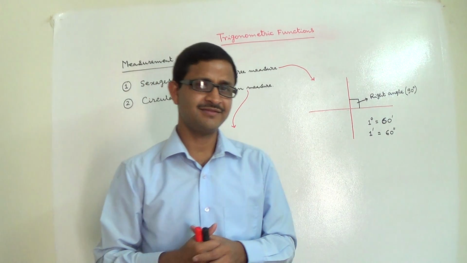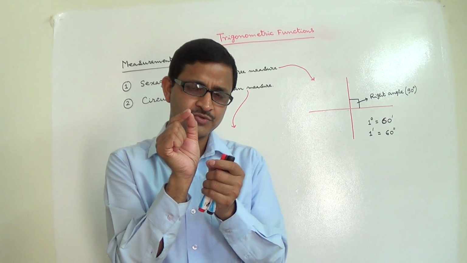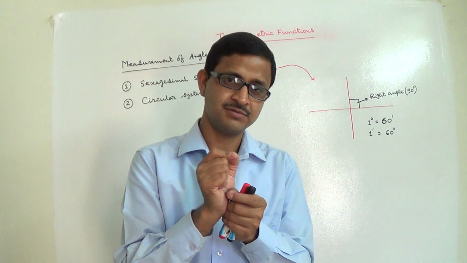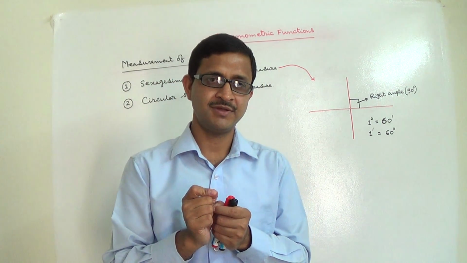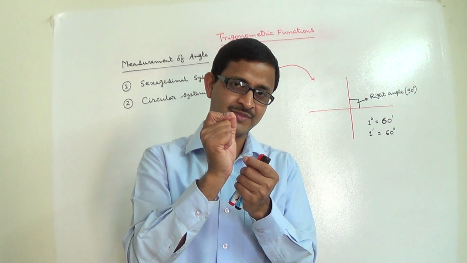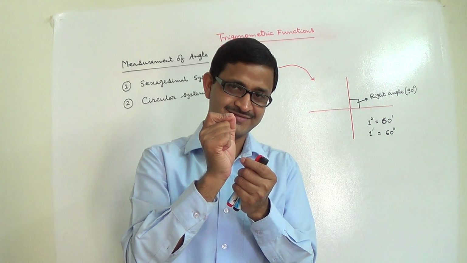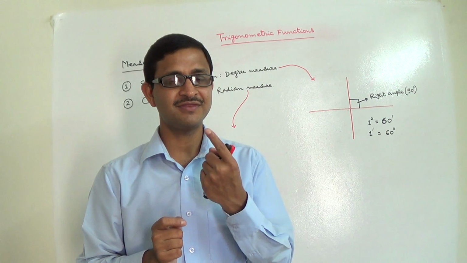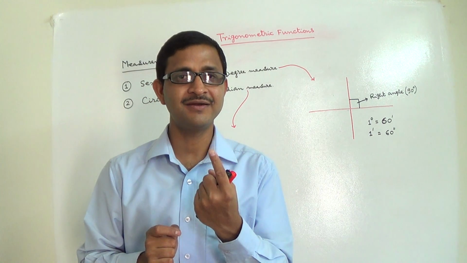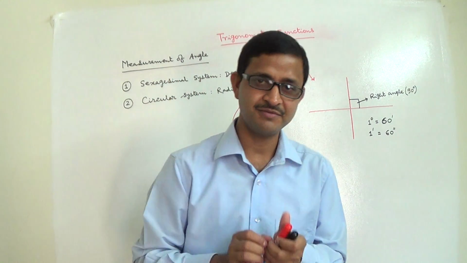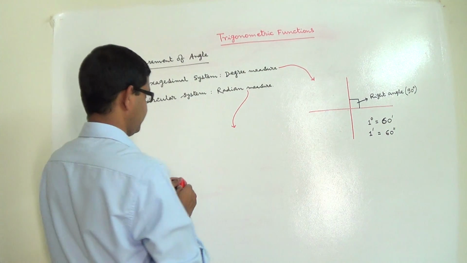What it tells is that, in a circular movement, if a point moves along a circle with a distance equal to the radius of the circle, then we can say 1 radian of angle has been formed. Let us understand by means of a pictorial diagram.